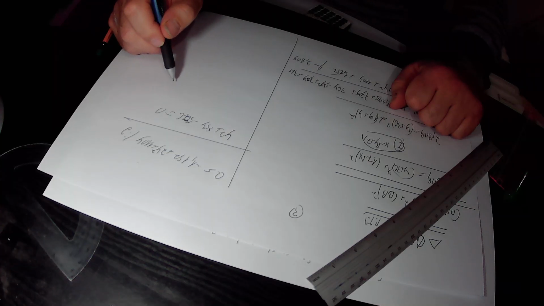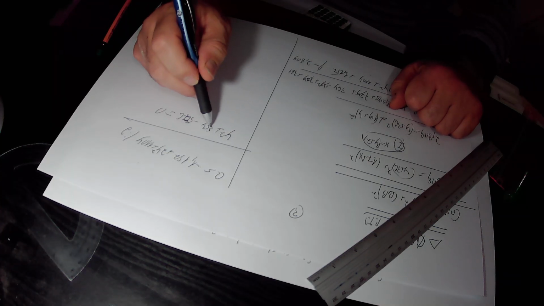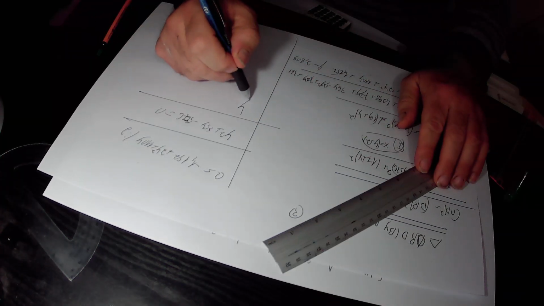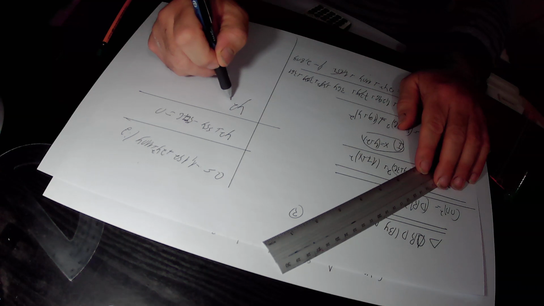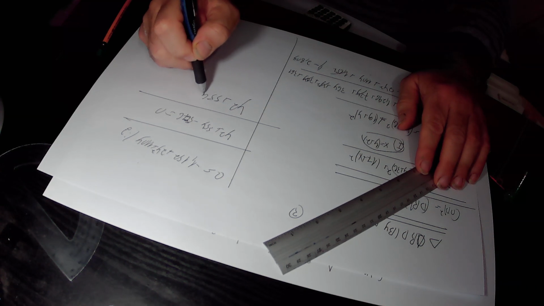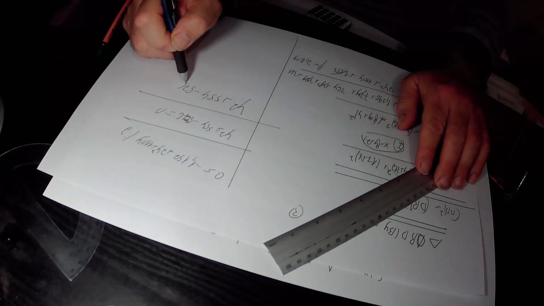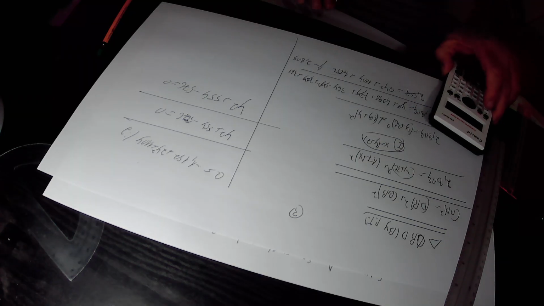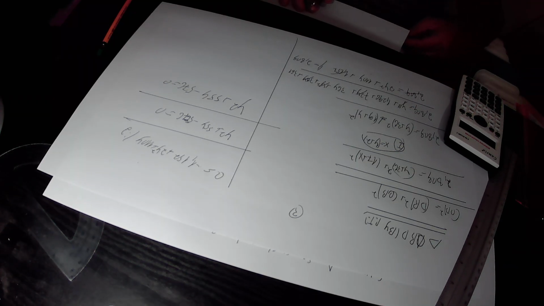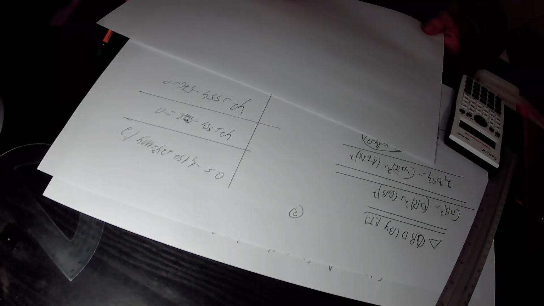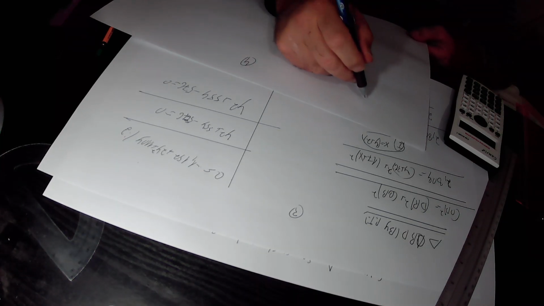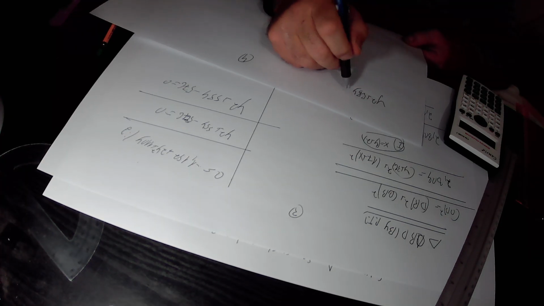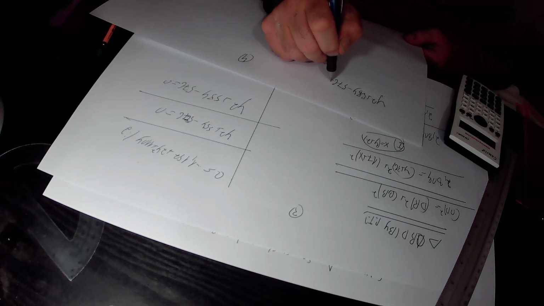So we found out that y squared plus 55y minus 576 equals 0. So copy this equation to a new page here: y squared plus 55y minus 576 equals 0.